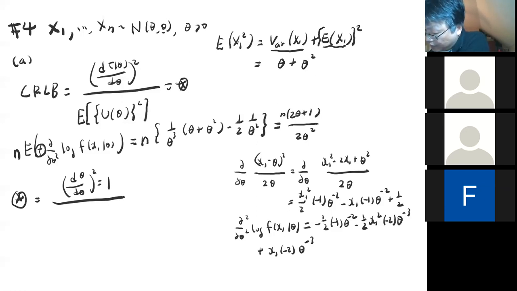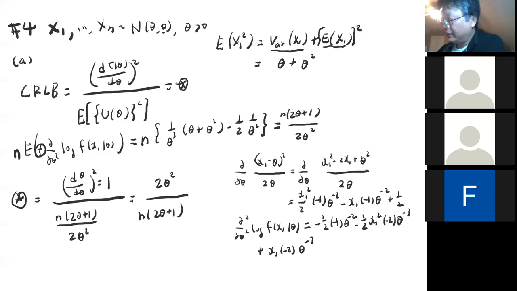Then the denominator is n times 2 theta plus 1, divided by 2 theta squared. So that means eventually the Cramer-Rao lower bound would be 2 theta squared over n times 2 theta plus 1. Again, if you remember, I reminded you it's always n right here, not n squared, not n cubed, not square root of n, just n. Any question on this?